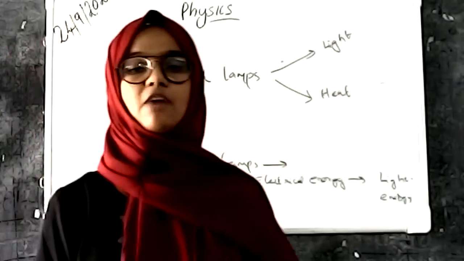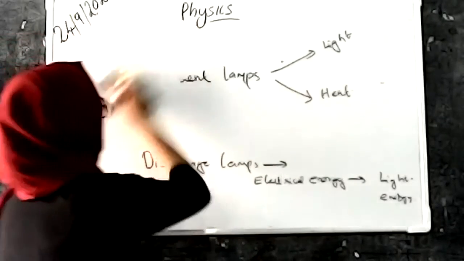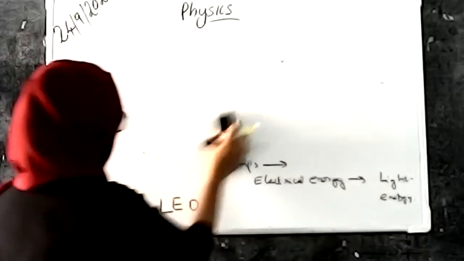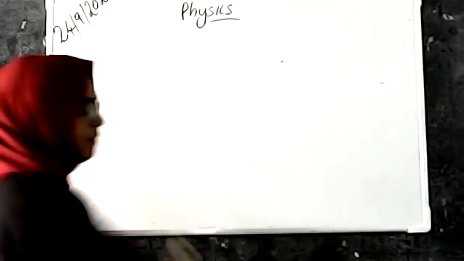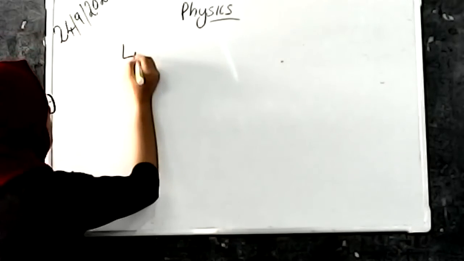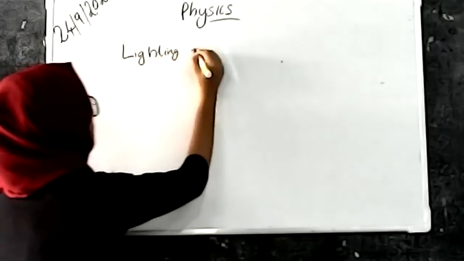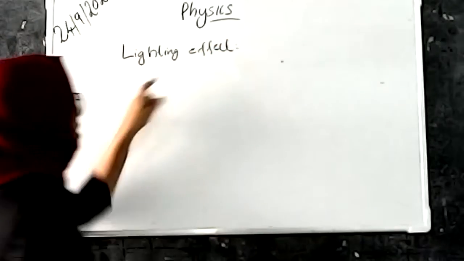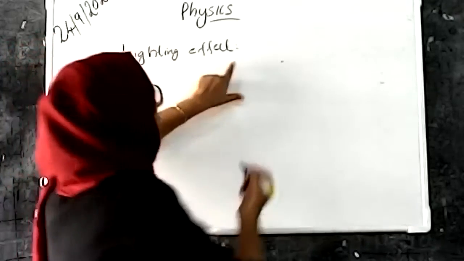So today we are discussing the lighting effect. What is the lighting effect of electric current? Here the effect of electricity is in the form of light.